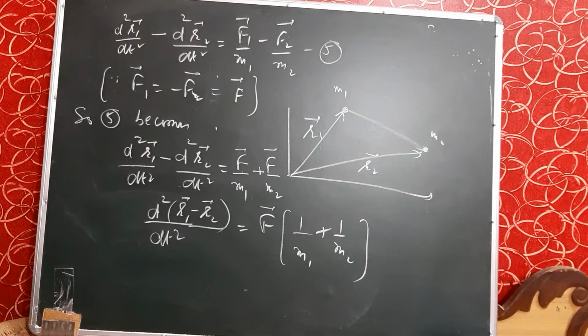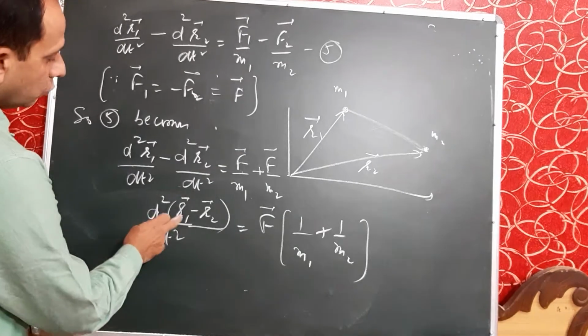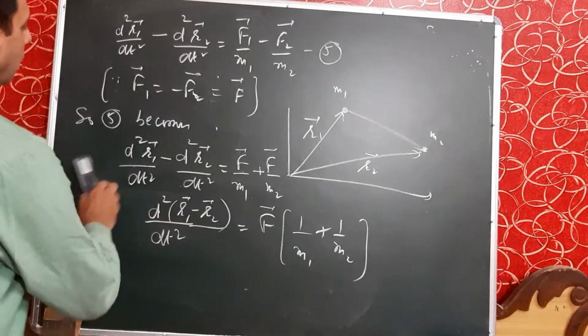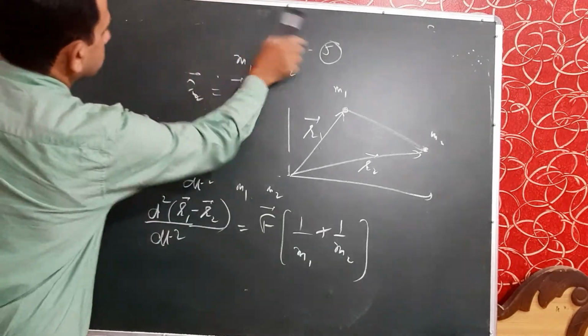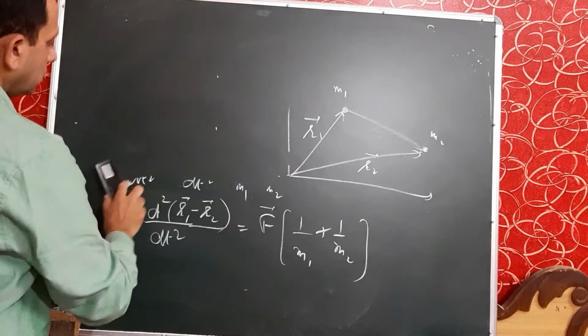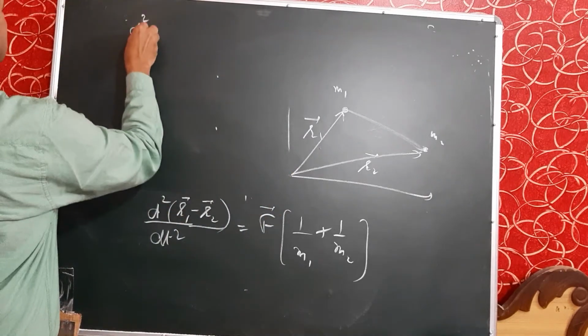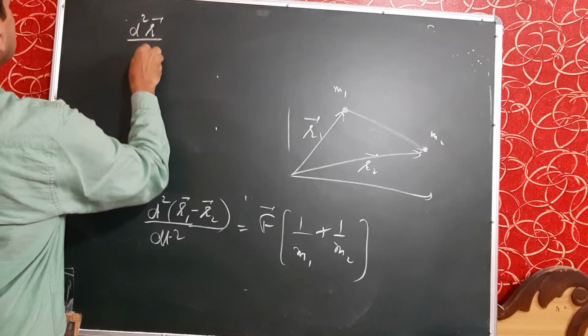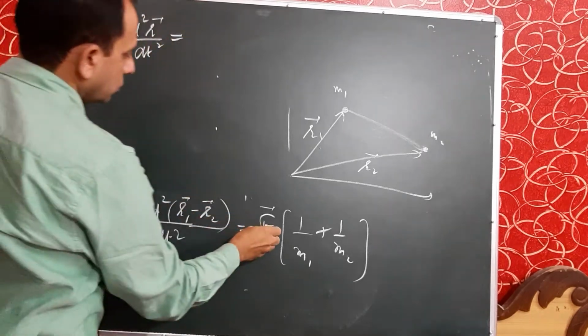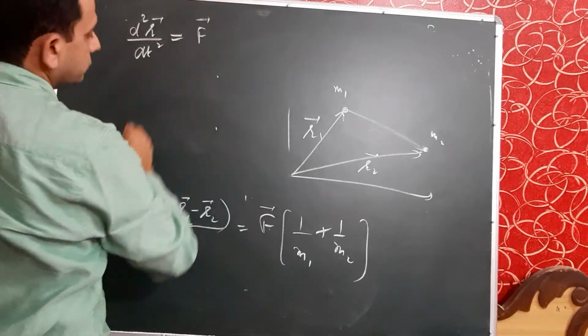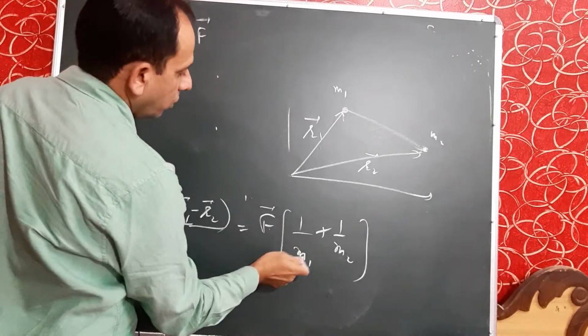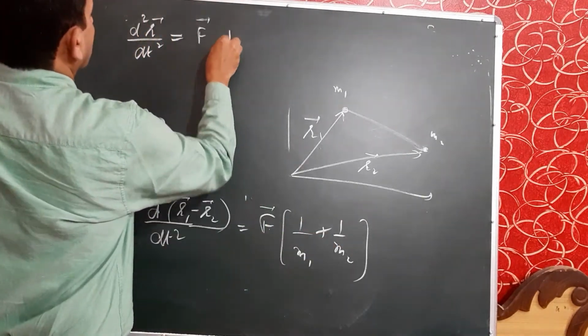Now I put r1 minus r2 as r, and 1 by m1 plus 1 by m2 as 1 by mu.